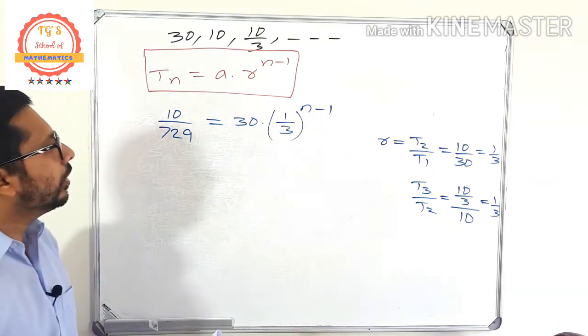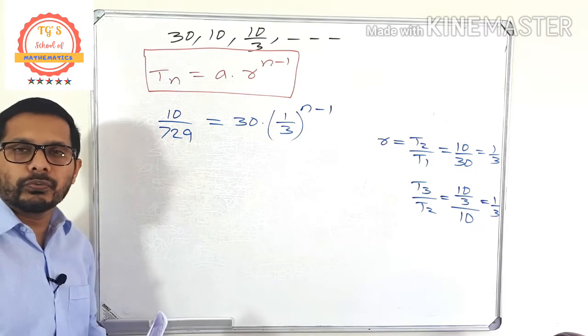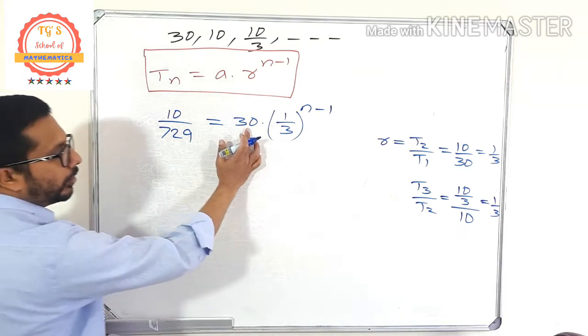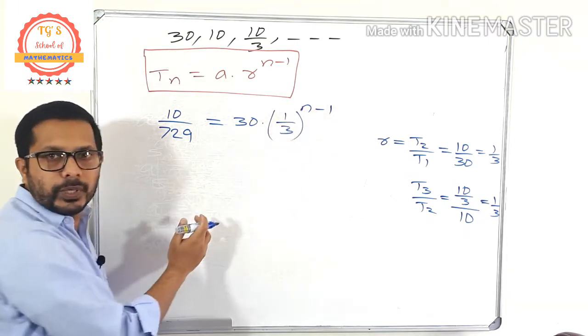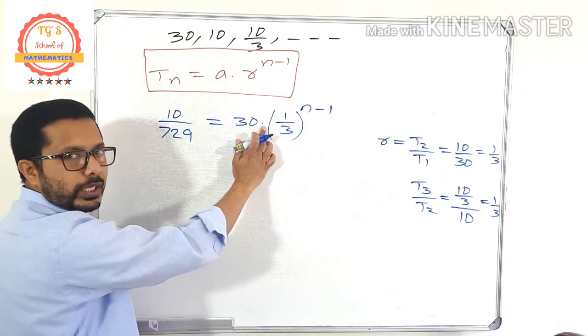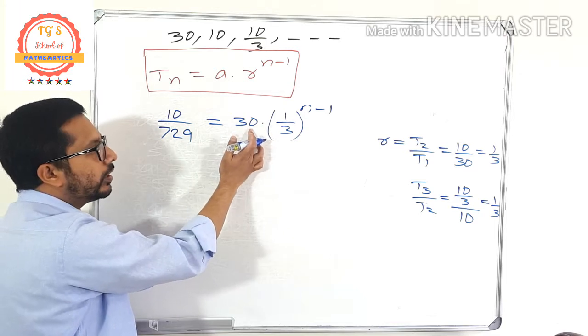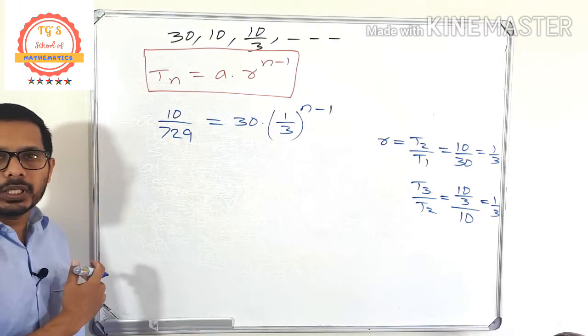So from here, how can we find the value of n? Look at this: this 30 is multiplied with 1 over 3 raised to n minus 1. Here it is multiplication, so if I want to take this 30 to this side, it is supposed to be division.